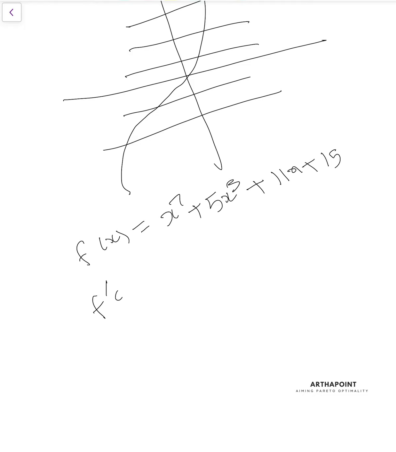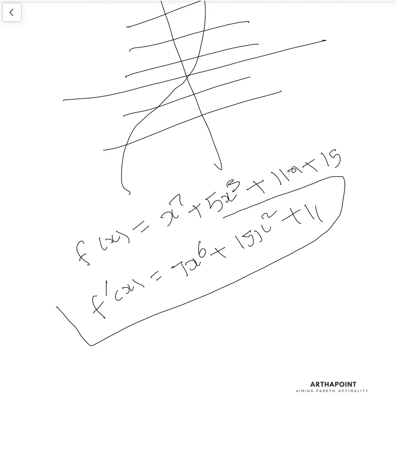Then f prime x, that is derivative of f(x), is equal to 7x^6 plus 15x square plus 11.